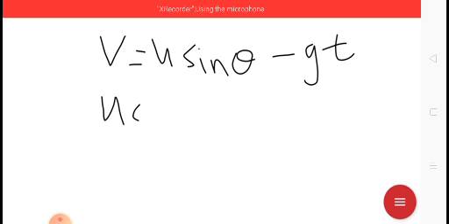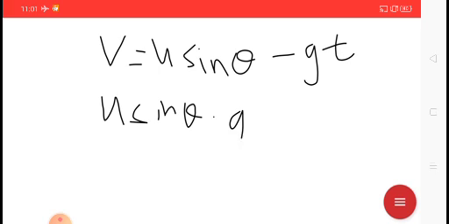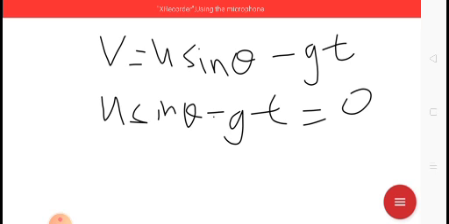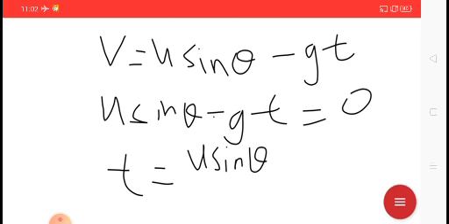So you have u sine theta minus gt equal to 0 at the maximum height. From here, you rearrange and you will get t equal to u sine theta over g, where below is g. So this is the time for the item to reach the maximum height.